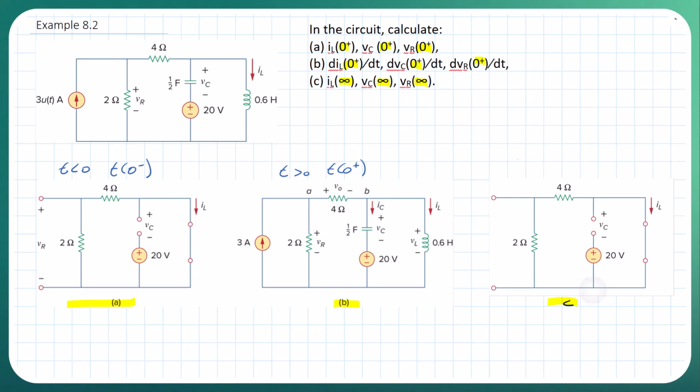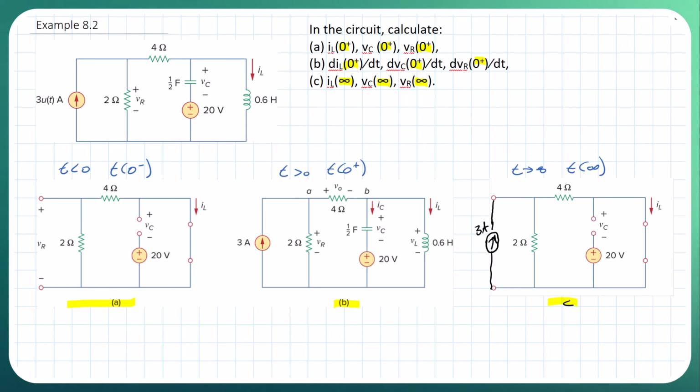As t goes to infinity, that's part C there. So these are the three different circuits. One thing I want to note is that I didn't fully draw this last part. As t approaches infinity, our circuit is going to look like this: the current source is going to be back in here, so we have this current source of 3 amps.